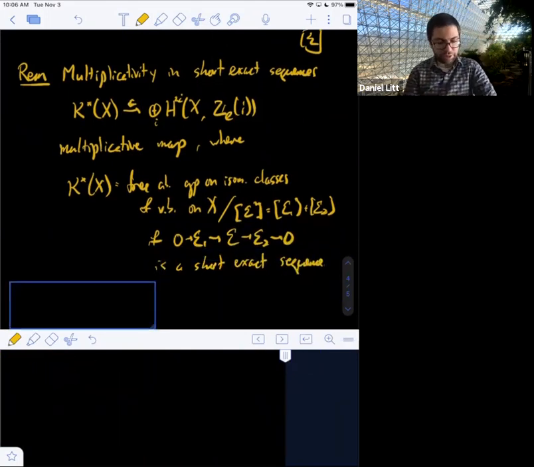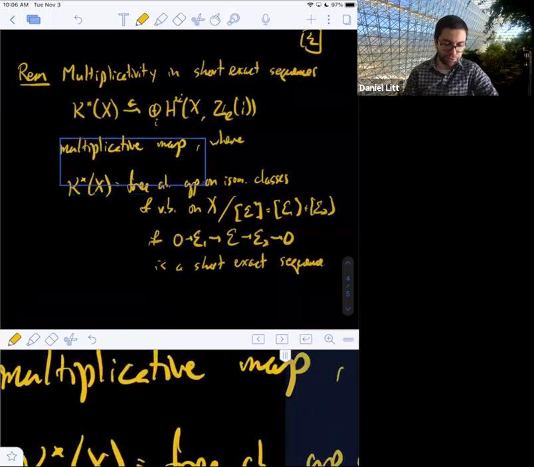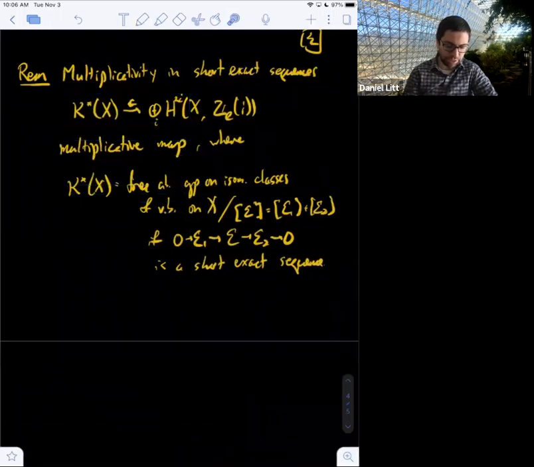Great. So here I've made a group for you, and I've said that there's a multiplicative map. So what does that mean? It means that if you take the sum of two things here, it goes to the product over here. So it's some kind of exponential type map.